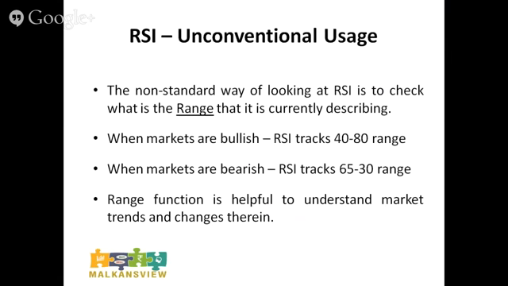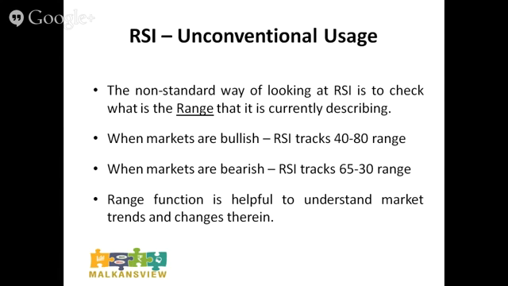So in a bullish market, the range becomes 40 to 80. That means for a bullish market, 40 becomes oversold and 80 becomes overbought. And in a bearish market, RSI tracks a range of 65 to 30. So in a bearish market, 60-65 itself is overbought. We don't have to wait for 70 or 80.